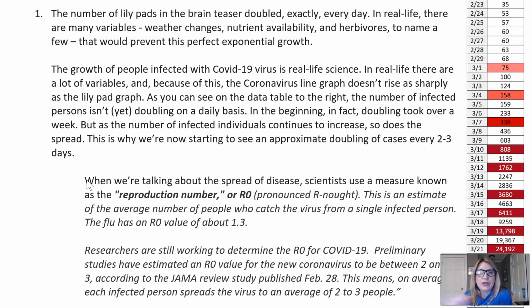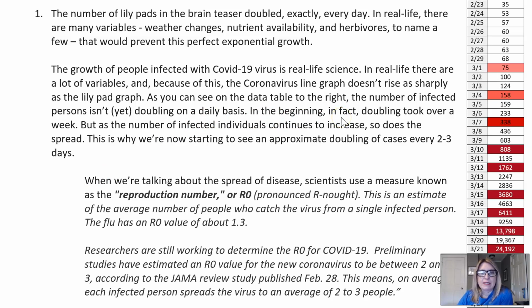For example, the flu has an R0 value of about 1.3, which means that if you have the flu, you will probably pass it on to 1.3 people on average. Obviously, you're not going to give it to a third of a person, but on average, that's what it is, 1.3. Now, researchers are still working to determine the R0 for COVID-19.